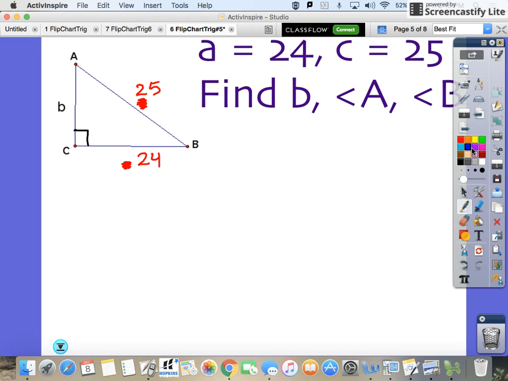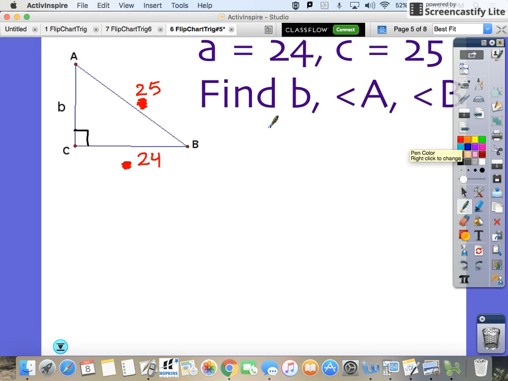Let's start with finding B. Now what I notice is this is a multiple of 4 and this is a multiple of 5. You don't need to write this down, okay? But I noticed that this is 4 times 6 and this is, ooh, it's not going to work for us on this one. This one is 5 times 5. Since these are different numbers we multiplied by, it's not going to work. So we're going to have to go old school Pythagorean theorem on this one.